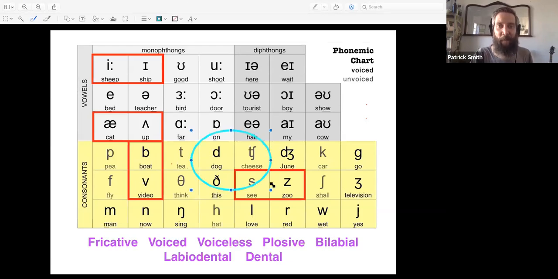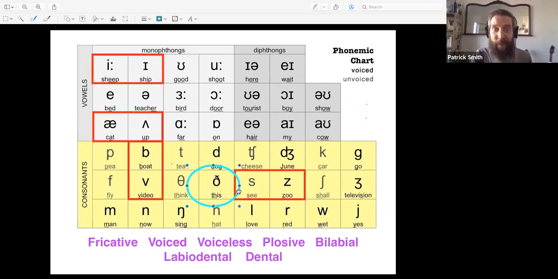What a lot of learners like to do is replace this th, this think with this from this. They pronounce it with something like a D, and they'll say dis instead of this. If you can hear the difference, they'll say dis, and the correct pronunciation is this, with the tongue just outside.